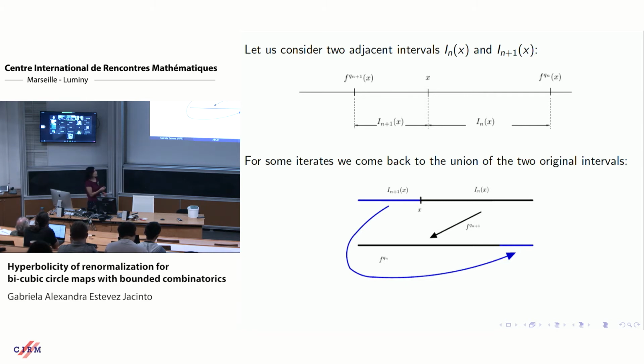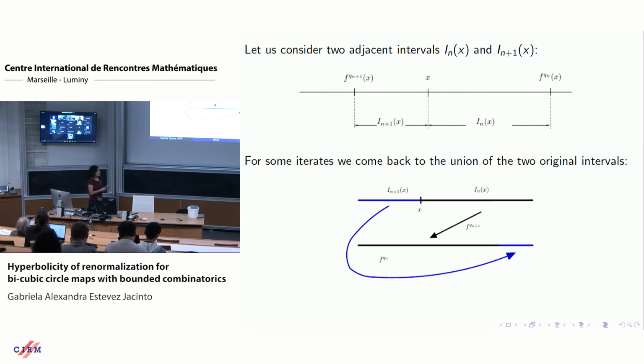So you iterate Qn plus 1 minus 1, you will be in an interval in a part of the circle, but if you iterate one more time, you will come back to the union, exactly in the part that is missing. So in fact, all these iterates form a partition of the circle.